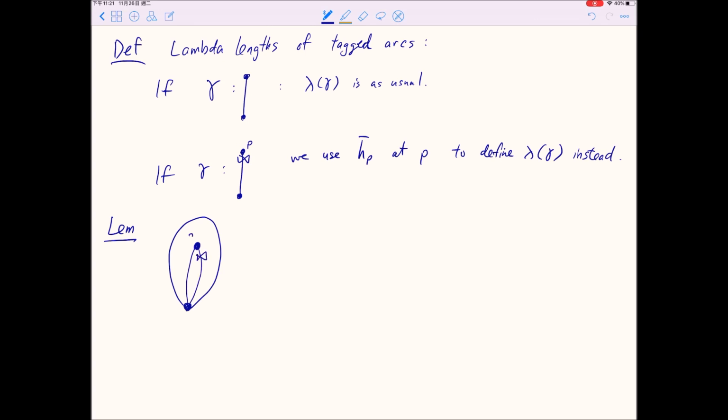Remember, we have this situation where, say, gamma is untagged and gamma prime is tagged, and we have eta here, and the untagged version of gamma and eta are the same.